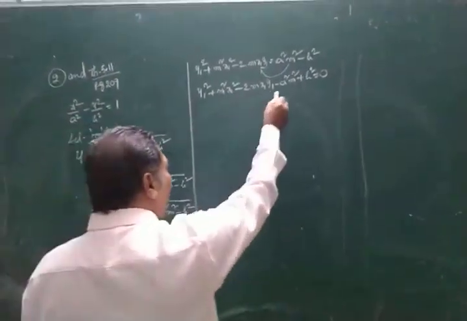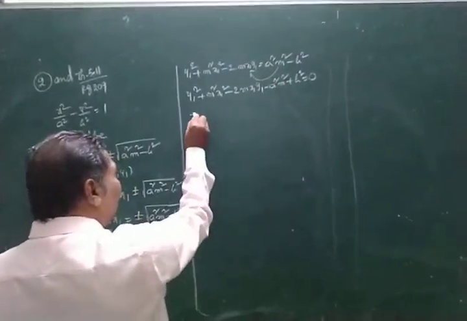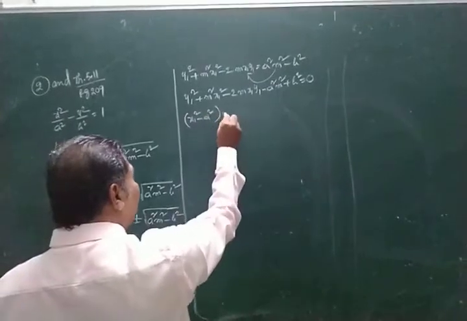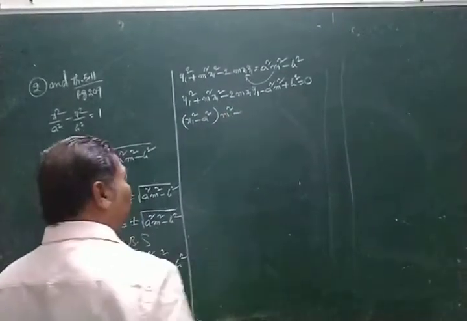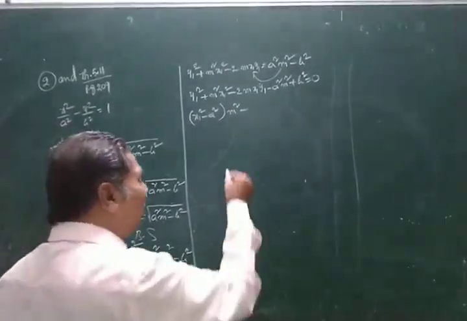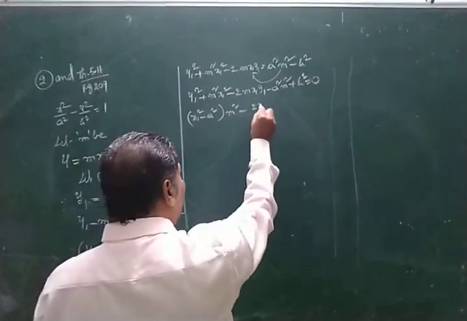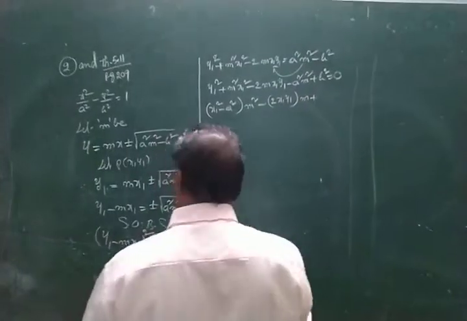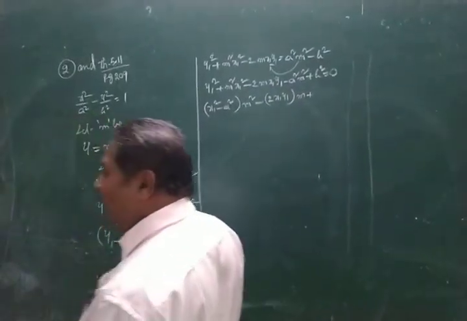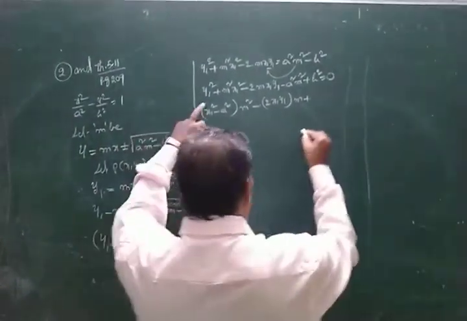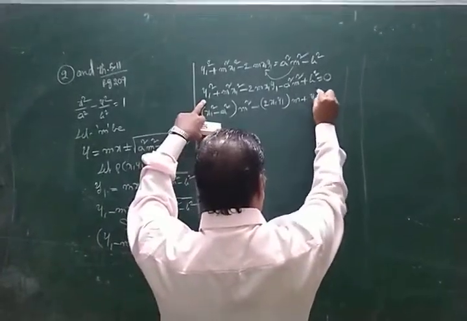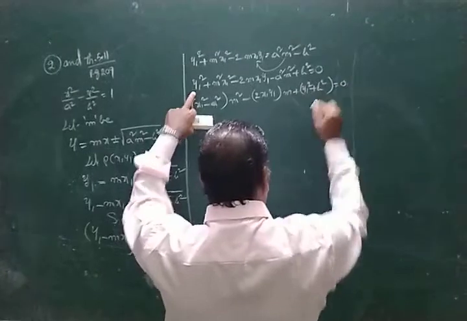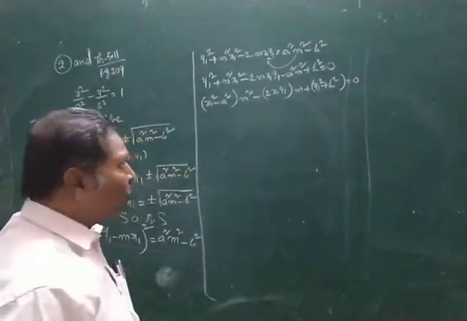Take m square common: x1 square minus a square times m square, minus 2 x1 y1 m, and constant y1 square plus b square, equal to 0.